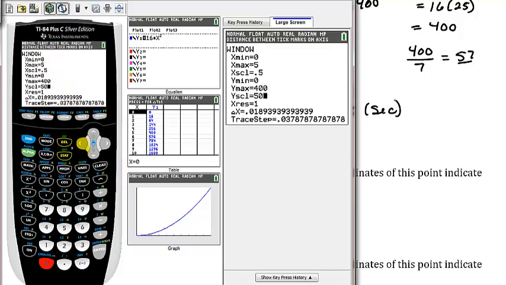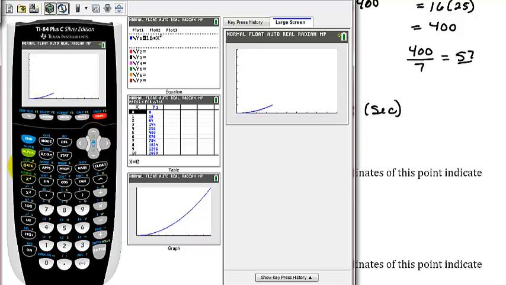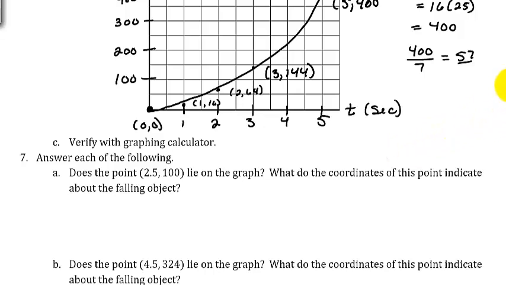So now I have all of those changed. And now if I hit this graph key, it'll bring up the graph, and it should look very similar to the one that we graphed. And so here you can see that our graph looks just like the one that's on our window right now. So that's how you use your graphing calculator to graph a function.